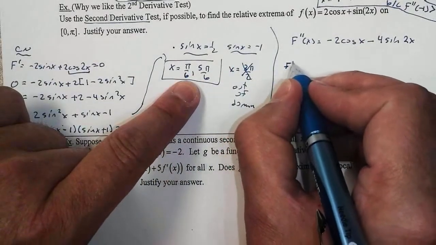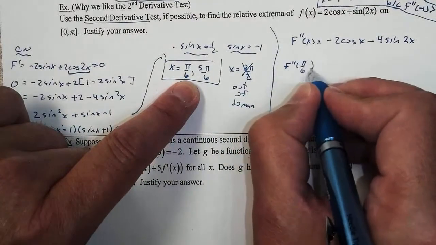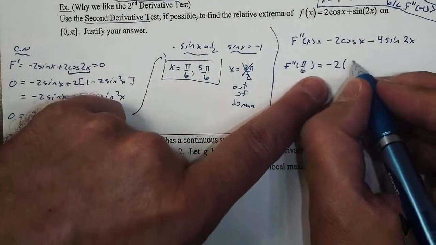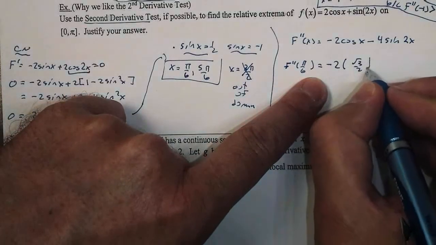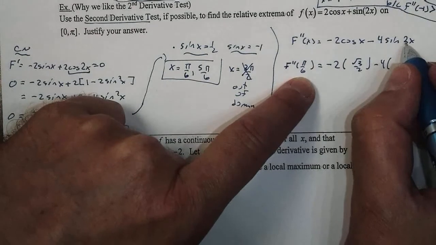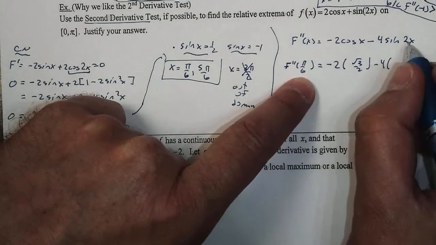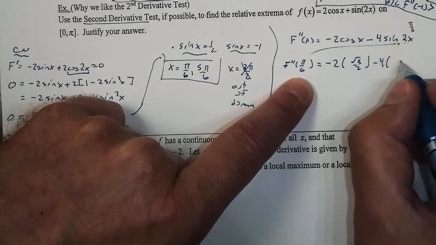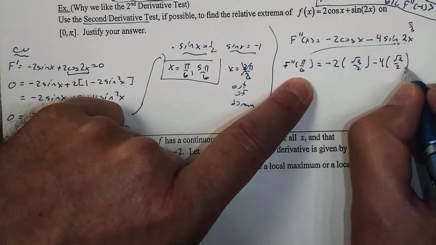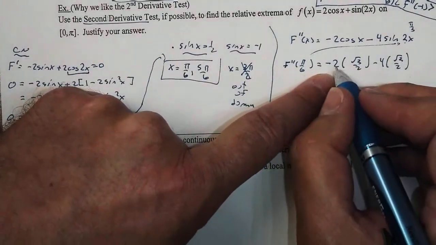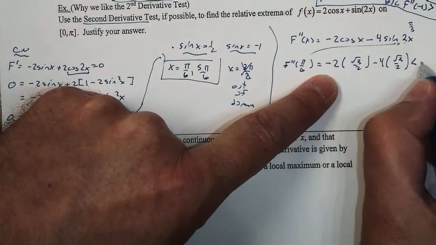At pi over 6, let's see if we can do this in our head. Negative 2 times the cosine of pi over 6, which is root 3 over 2, minus 4. Be very careful: this becomes the sine of pi over 3, which is root 3 over 2. There's not much math I have to do because I'm subtracting, so this is less than 0.